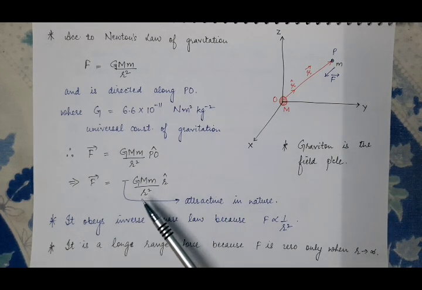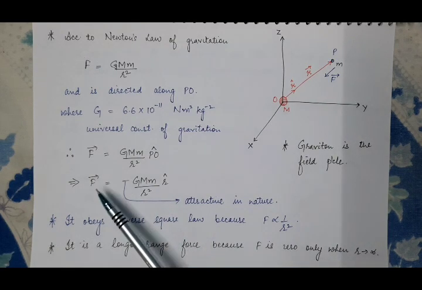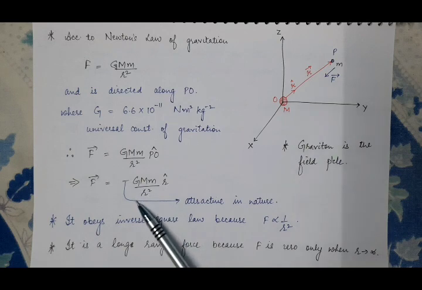You can clearly see from Newton's law of gravitation that this force is inversely proportional to r square, which is known as the inverse square law. So this gravitational force obeys the inverse square law because force is inversely proportional to r square.